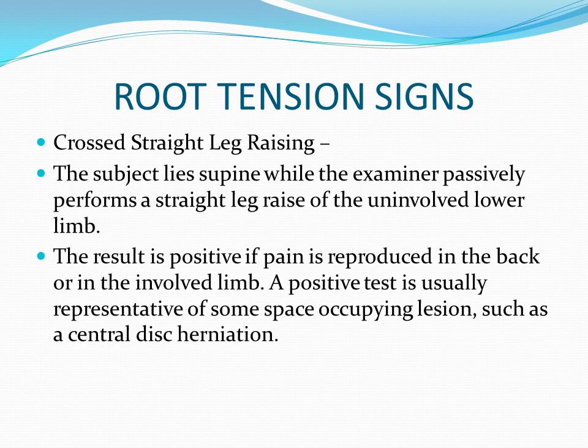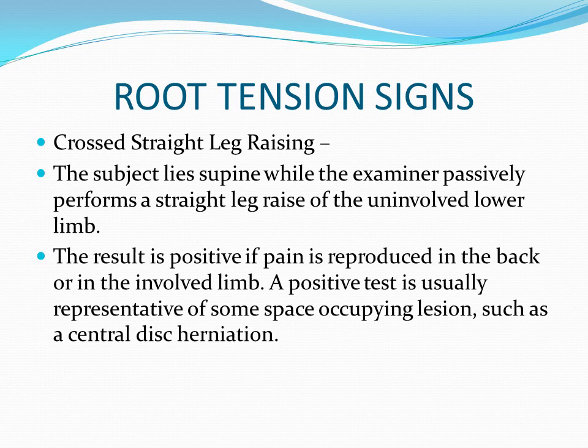Another maneuver that we use is the crossed straight leg raising test. And when we use the term crossed straight leg, we're talking about the opposite uninvolved lower extremity. With the crossed straight leg raising test, the subject lies supine while the examiner passively performs a straight leg raise of the uninvolved lower limb.